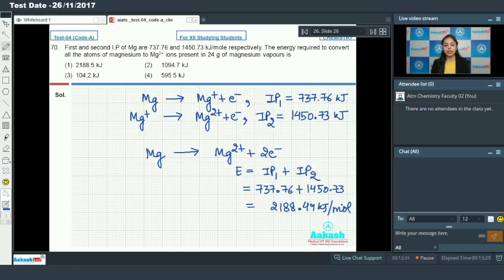This means that for the conversion of 1 mole of magnesium, 2188.49 kilojoule of energy is required. Now we have been asked for 24 gram of magnesium vapors, and 24 gram of magnesium means 1 mole of magnesium vapor, because the molar mass of magnesium is 24. So the energy will be equal to 2188.49, which is nearly equal to 2188.5. So option number 1 is the correct answer. I hope, students, this is clear to you. So let's move on to the next one now.